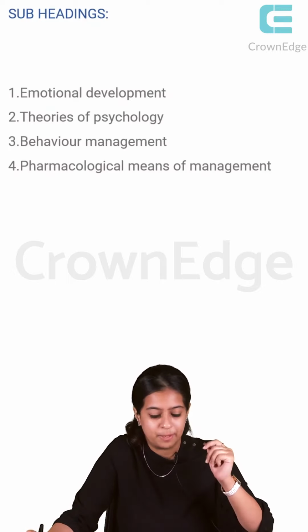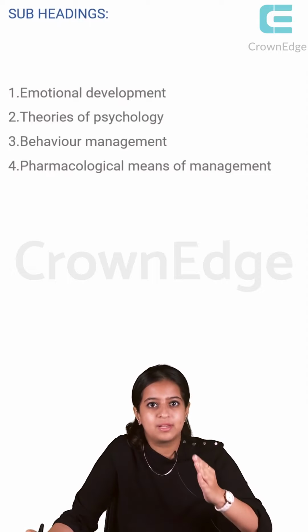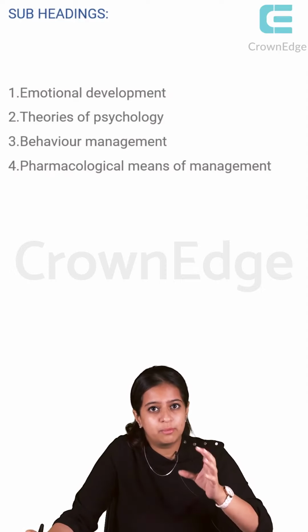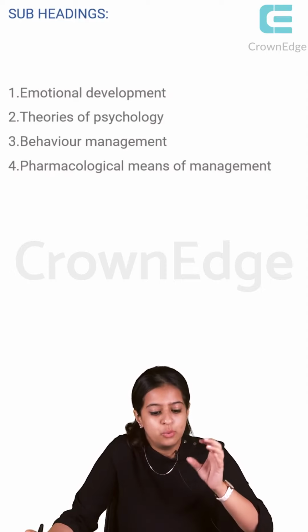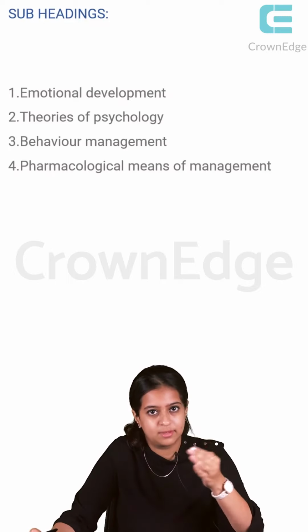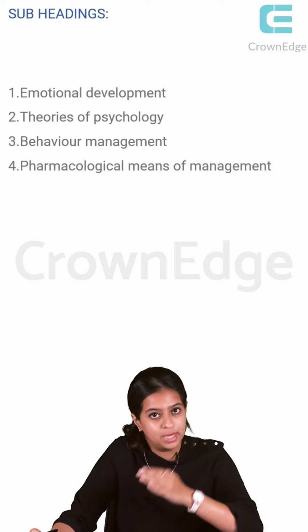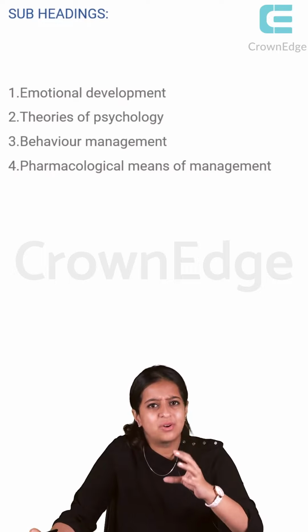Second is the theories of psychology. Very direct, very fact-based questions can be asked. Very simple. In that topic, I want you all to remember a few things when it comes to theories. Who gave which theory, under what content, there are certain subheadings for theories, right? Under what content it comes, what the alternative names of those theories are, and certain concepts of that theory.